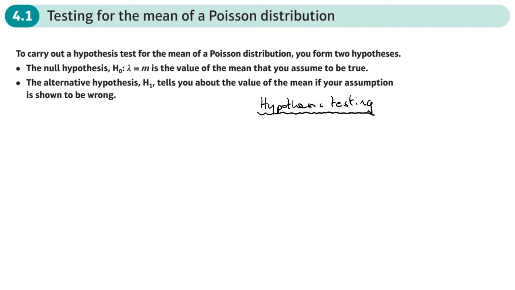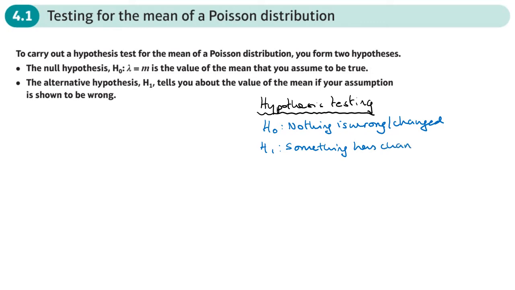So the first thing, we'll need to state what H0 and H1 are. Now, whatever hypothesis test you're doing, H0 basically means nothing is wrong, or nothing has changed. Whereas H1 is always going to be something has changed, or something is wrong.